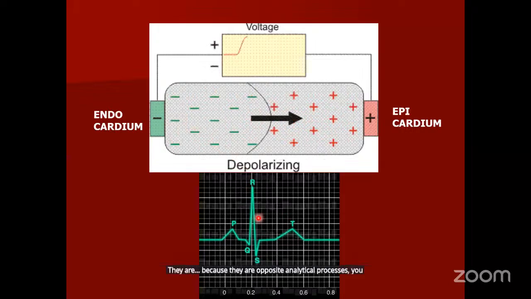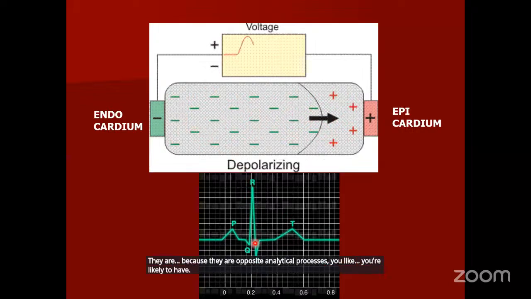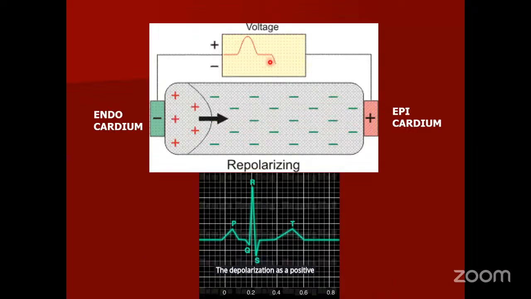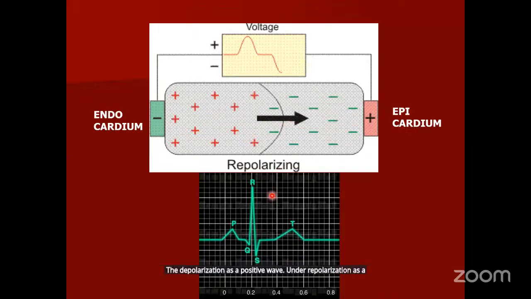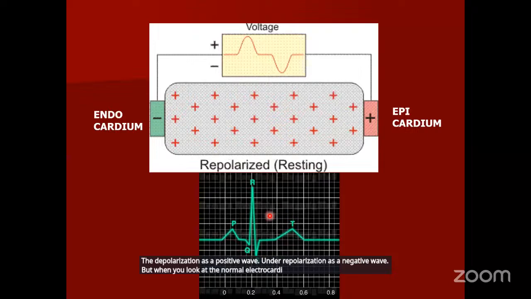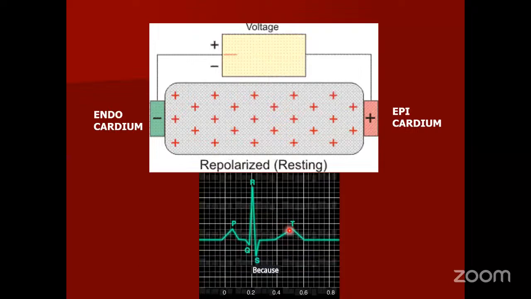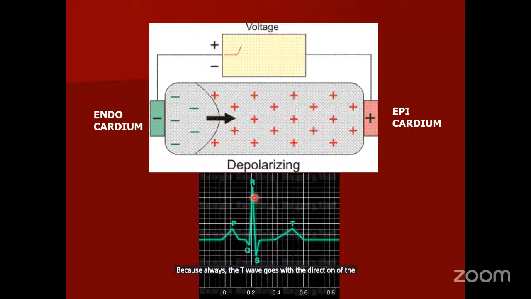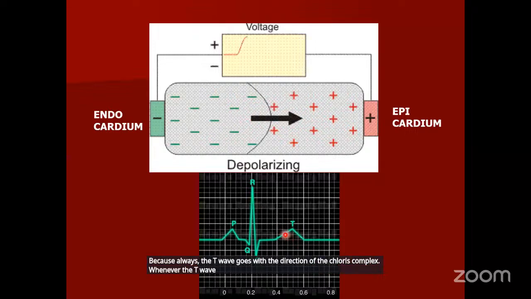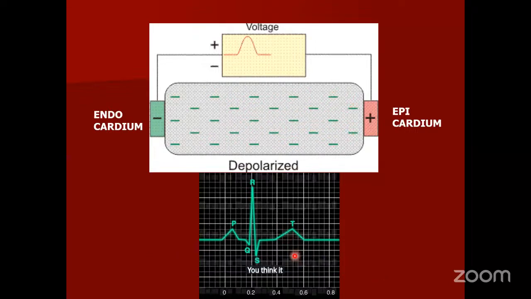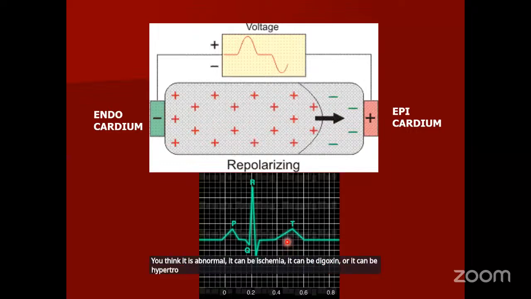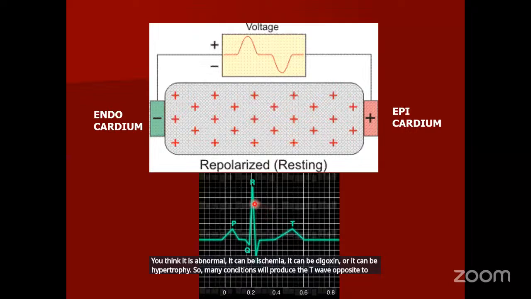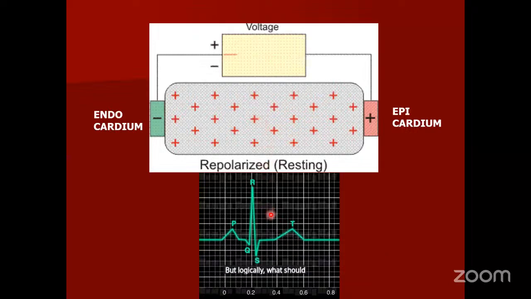But when you look at the normal electrocardiogram, it doesn't happen, because the T wave always goes in the direction of the QRS complex. Whenever the T wave is opposite to the QRS, you think it is abnormal. It can be ischemia, digoxin, or hypertrophy. Many conditions will produce a T wave opposite to the QRS. But logically, the T wave should be opposite to the QRS.